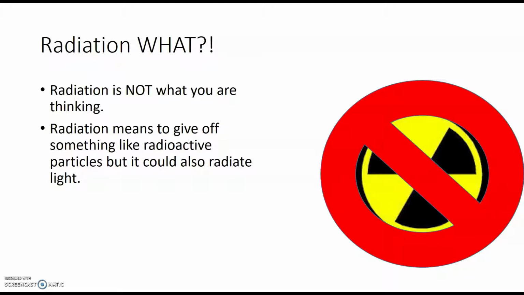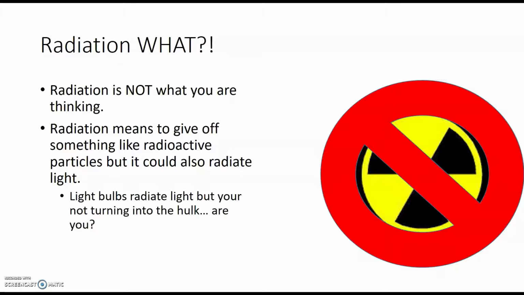Radioactive particles are radiation, and they radiate particles that can be harmful to humans. But something can also radiate light. A fire radiates light, but it is not going to give you cancer. A light bulb radiates light, but you're not turning into the Hulk or anything like that.